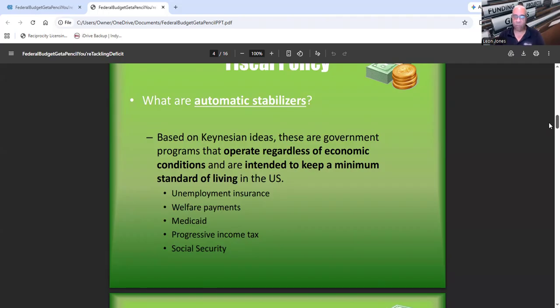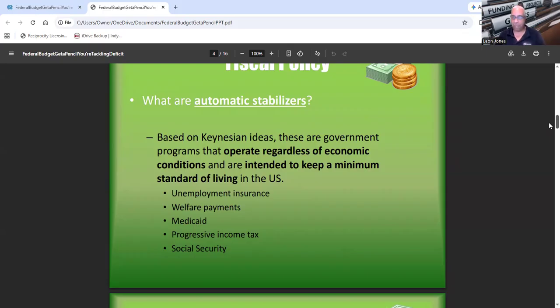Then for unemployment insurance, let's say the employee is laid off for a particular reason. They'll get a percentage of their salary. It could be 75% of what they made working for the company. But that's unemployment insurance.